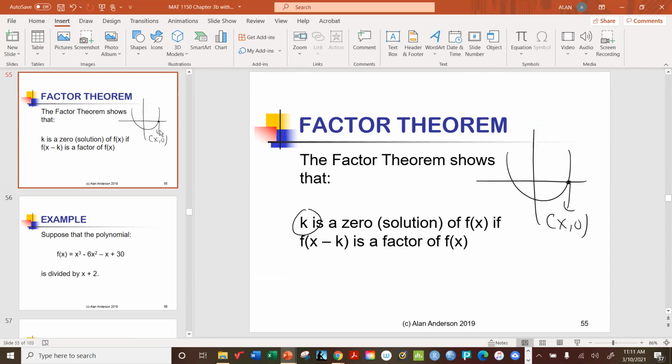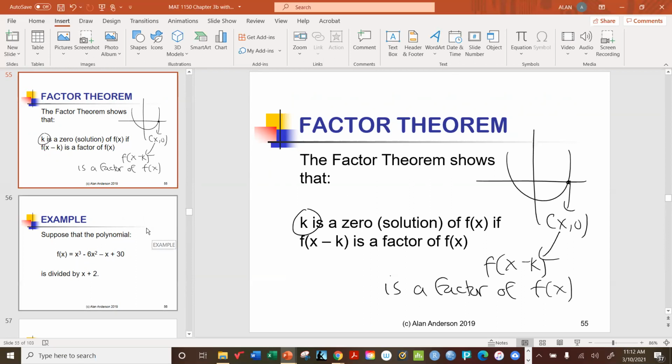So k is one of the solutions of this function if, in this case, x minus k, wow, this is a complicated one, isn't it, is a factor of f of x. So in other words, once you've calculated the factors, let's just see how it applies to this next case.